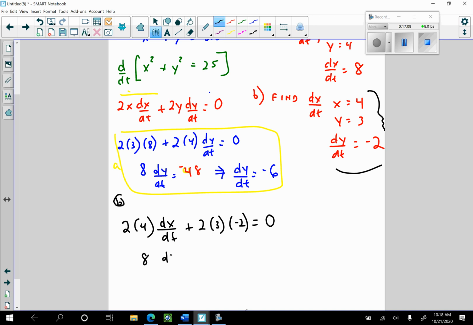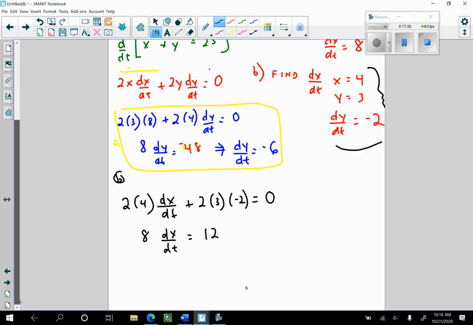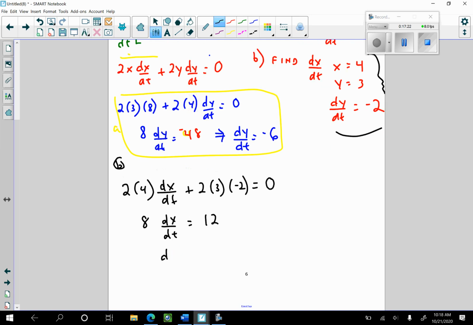What is this? 2 times 3 times negative 2, I think this is negative 12, so it's going to be positive 12 over here, because I'm going to add 12 to both sides. And so dx dt is equal to 12 over 8, or 3/2. Okay?